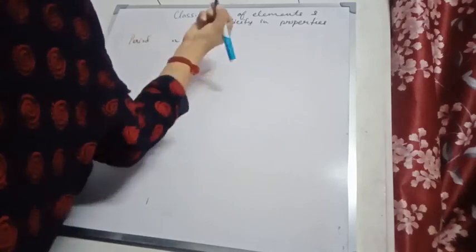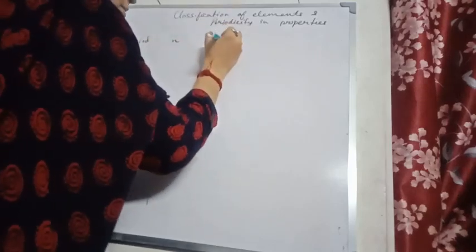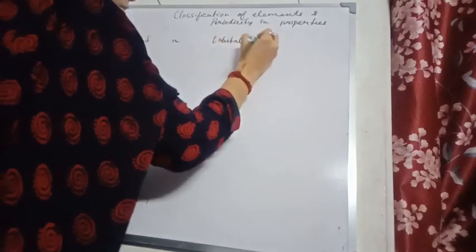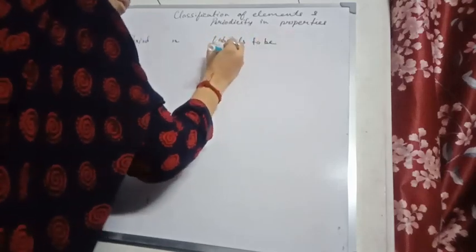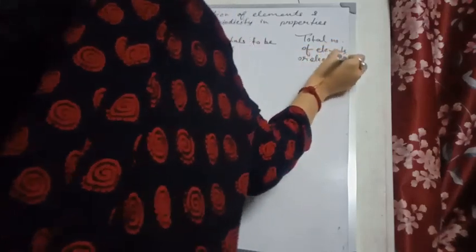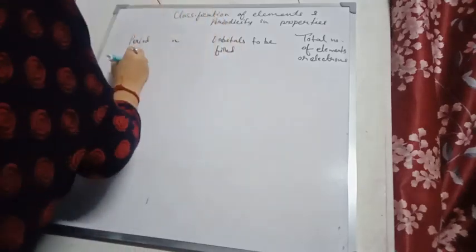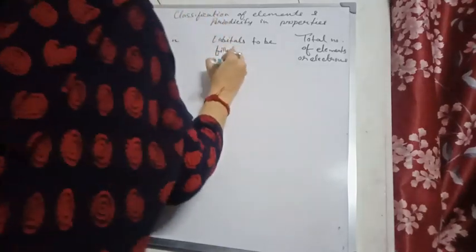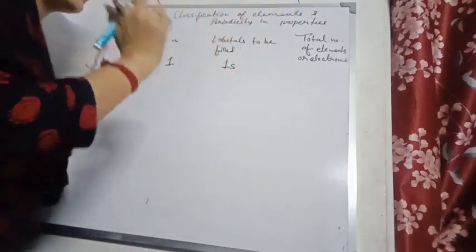Period, principal quantum number n, orbitals to be filled, and total number of elements or electrons present. Period 1, n is 1, orbitals to be filled is 1s. Total number of electrons: an s orbital can contain a maximum of 2 electrons. This you have done in your atomic structure.